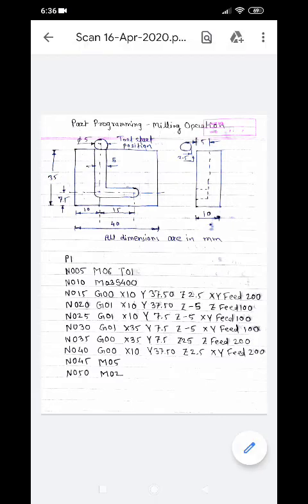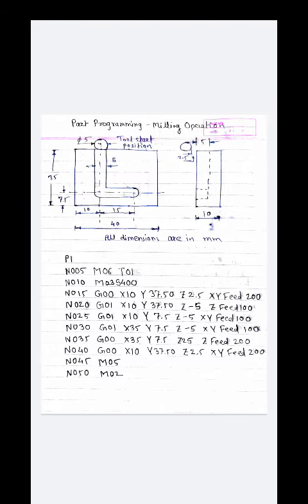Okay, so here you can see I'm going to repeat once again how the program is, but before that let us see the part description. Okay, so initially the plate is given, which is 40 by 35 by 10, that is a 40 by 35 plate having 10 thickness.